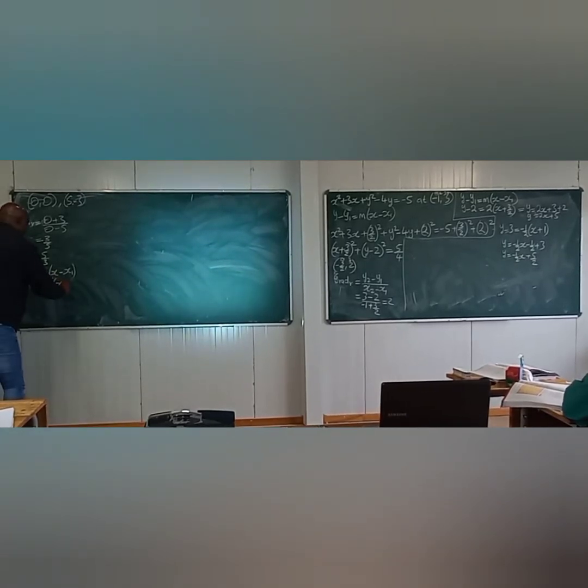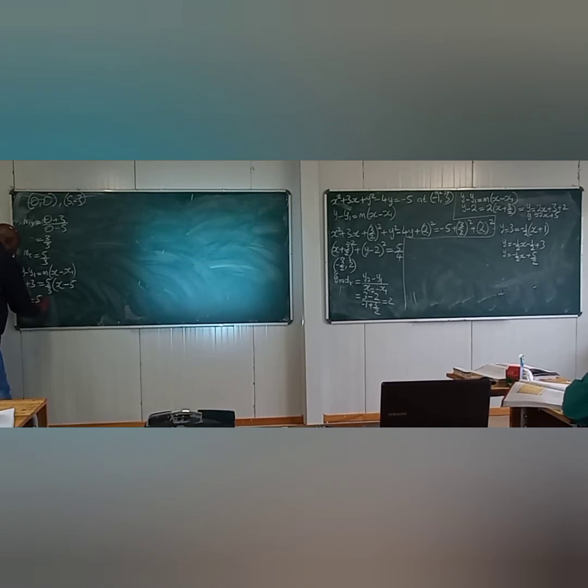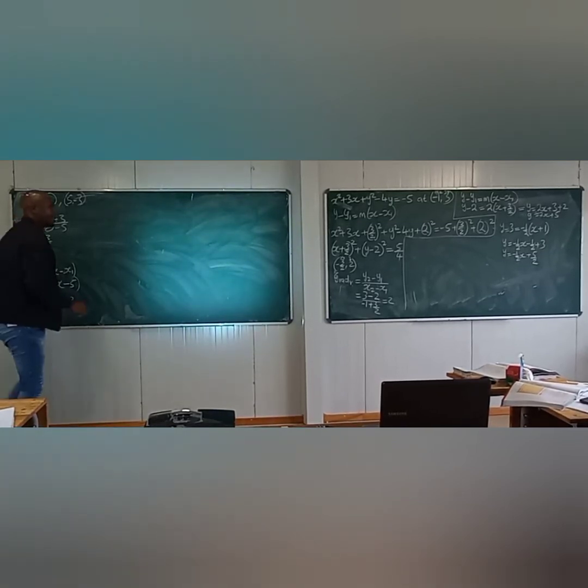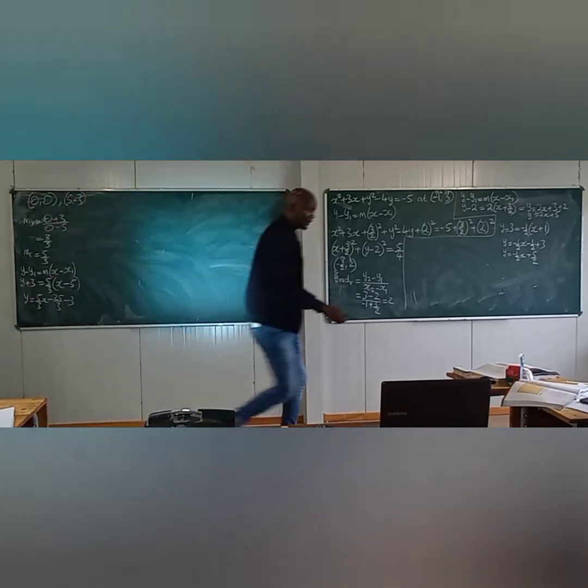Again, y equals 5 over 3x minus 25 over 3 minus 3. We cannot also calculate the answer.